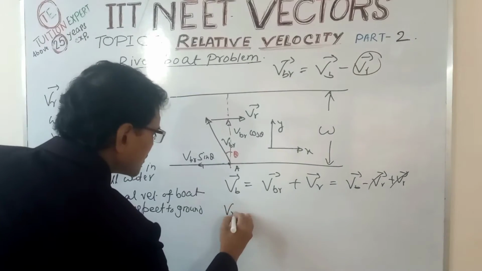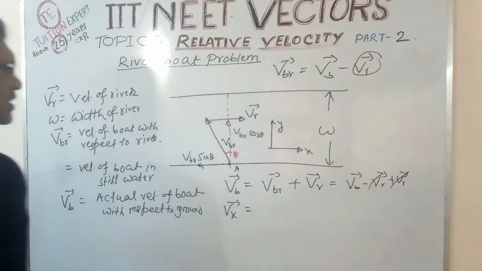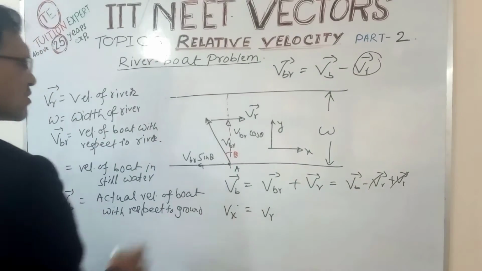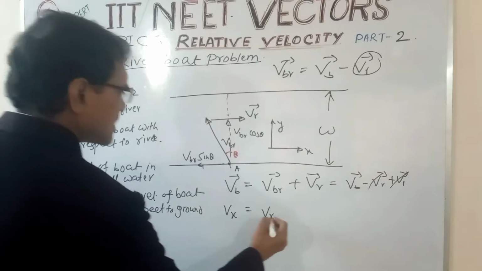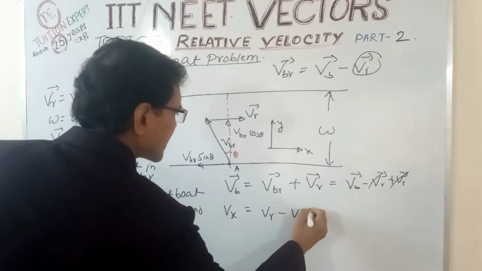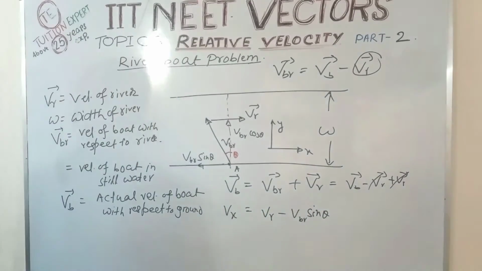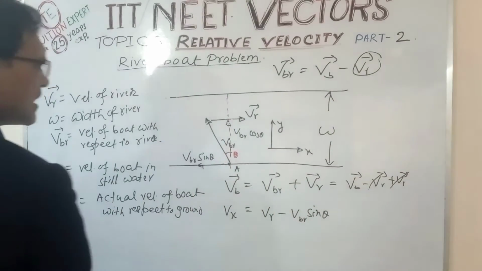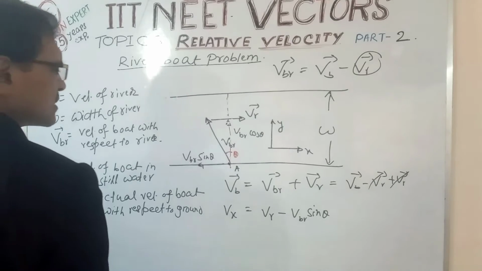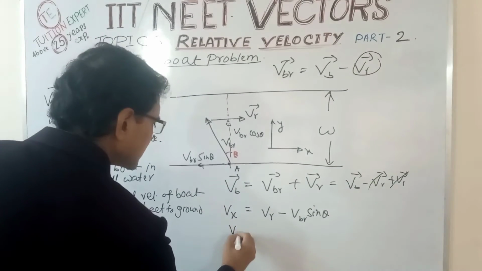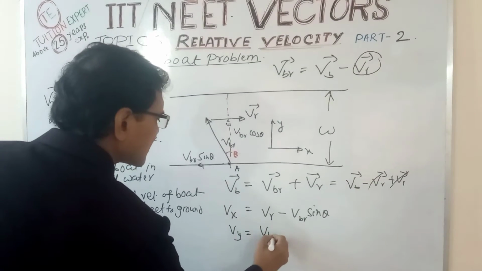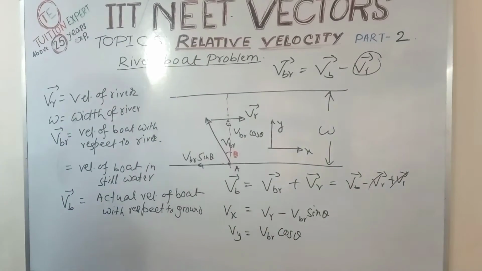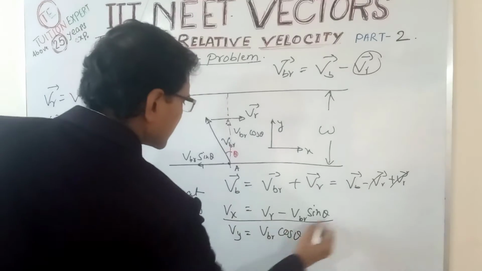Vx equal to VR minus VBR sin theta, and only one component in the y direction, that is VBR cos theta. So we get two things, Vx and Vy.